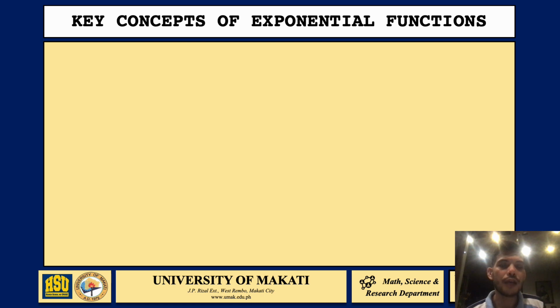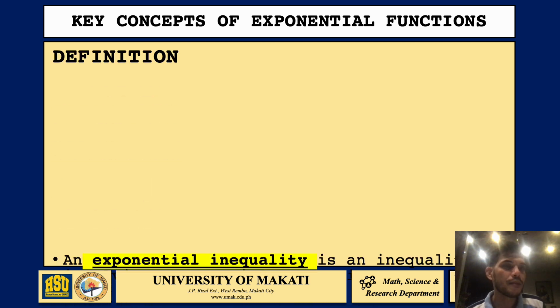So, how about the exponential inequality? This is just like the exponential equation, but the difference is the symbol. We are going to use the symbols of inequality, and these are greater than, less than, greater than or equal to, or less than or equal to. So let us define it.